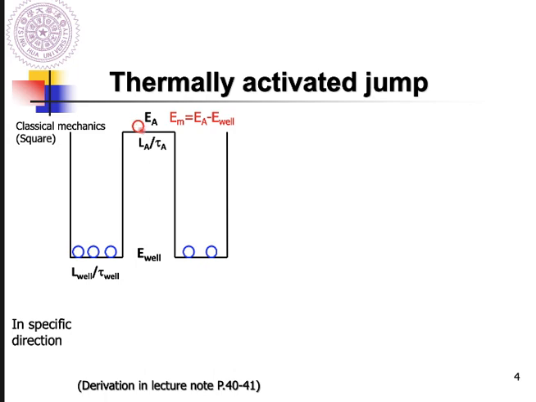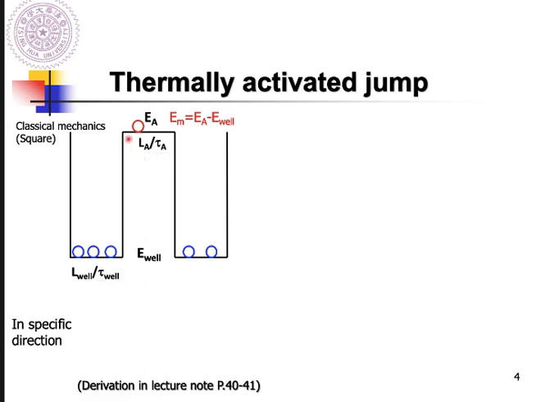And some atoms are located here, similar to location 2, with the energy we call EA. L well means the vibration length of these atoms inside this well, and tau well is how much time the atom stays in this well.